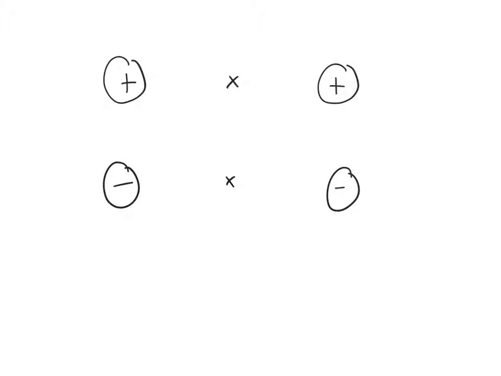Now, if the circumstance presents itself where we have a positive and a negative, again, think about what a proton would do. If I put a proton near the positive source, which way would it move? Toward the right. If I put a proton near the negative source, which way would it move? To the right. So both of these sources are going to cause a proton to move to the right. You all see that?